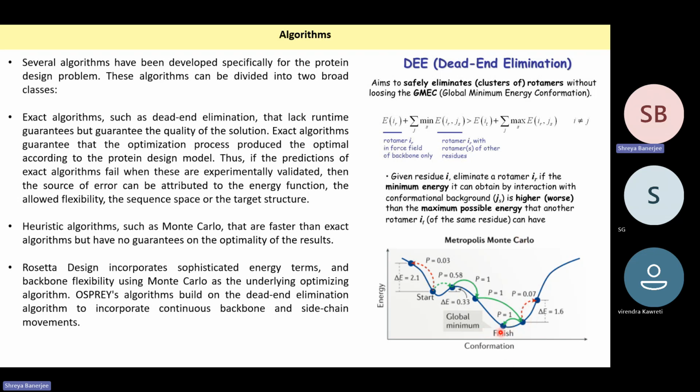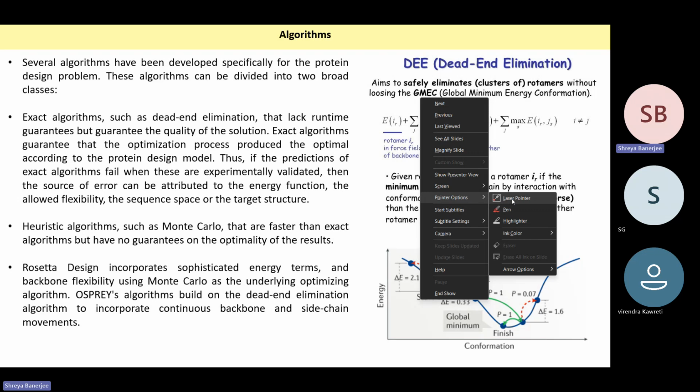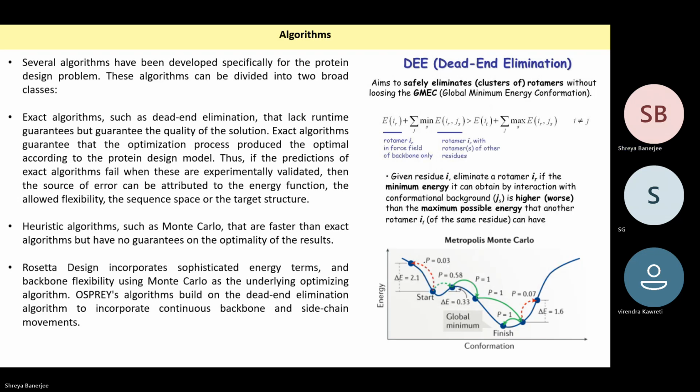But the problem of this is that often the molecule can get stuck in a local minima. So suppose you have one minima here, which is close to the global minima, but not. So this is the global minima, and you have something here. When your molecule is here, probability of going here is also low, probability of going here is also low, because this is a low energy state.